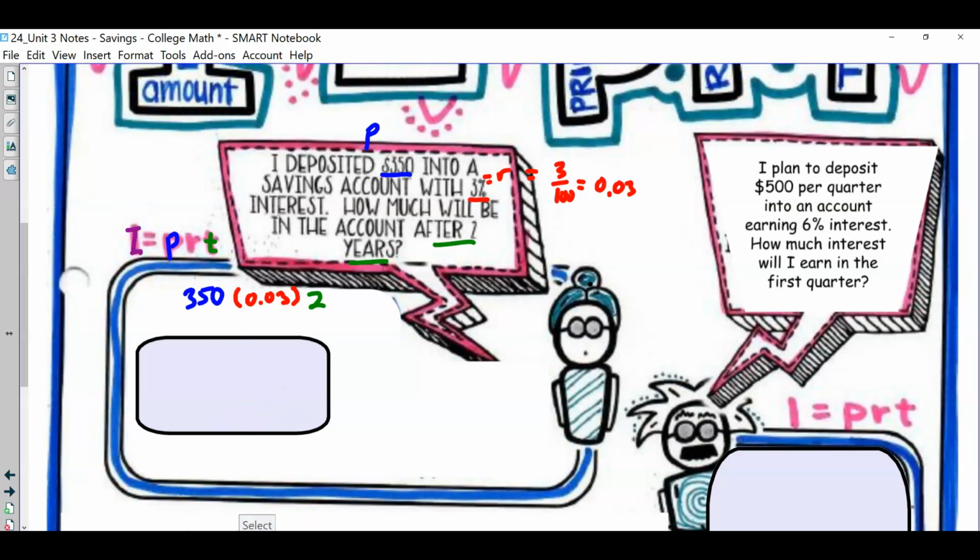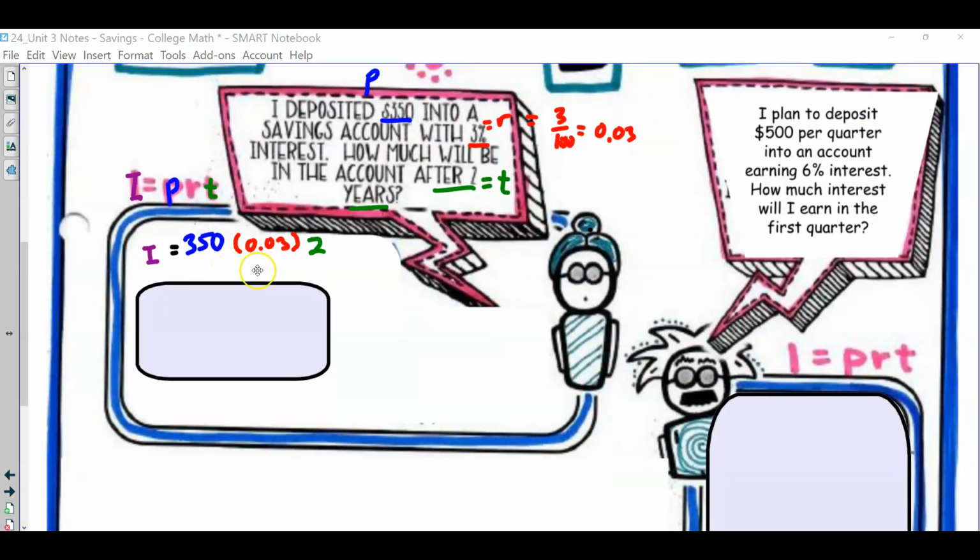So if you have an answer, try it in your calculator real quick, see what you come up with, and let's see if we have a matching answer for your interest. Okay, take a pause. Okay, if you came up with an answer, you should have got the interest amount was $21. Now, if you look at what she's asking, is that answering her question?